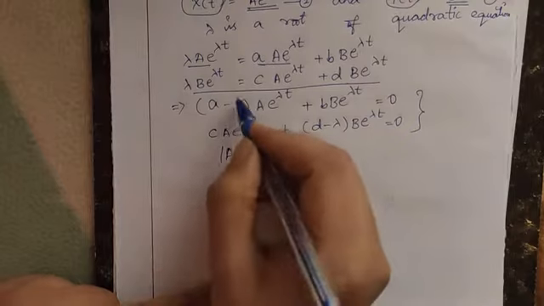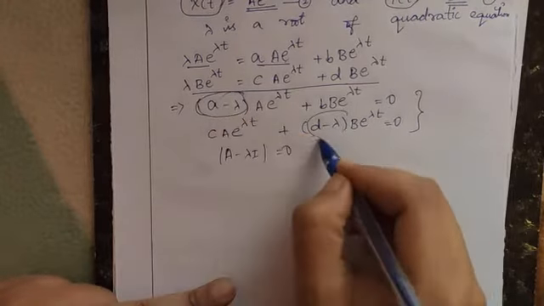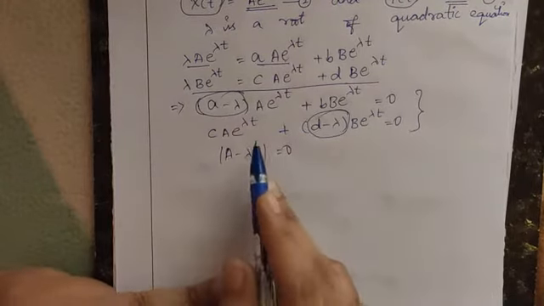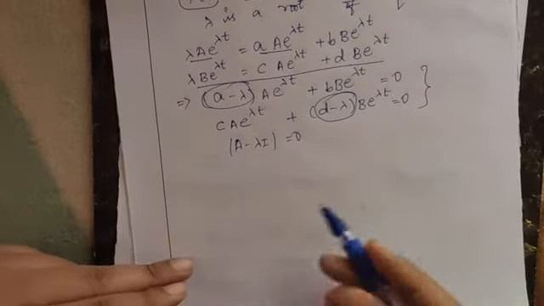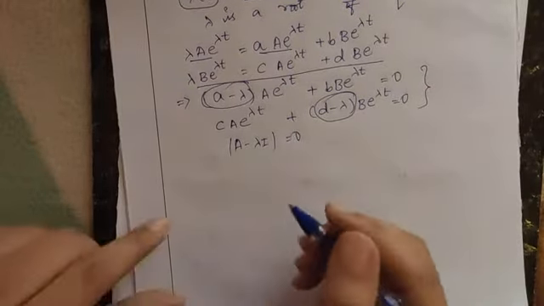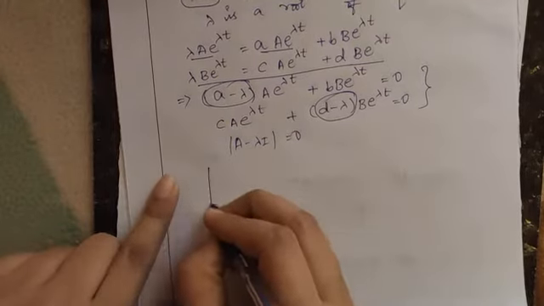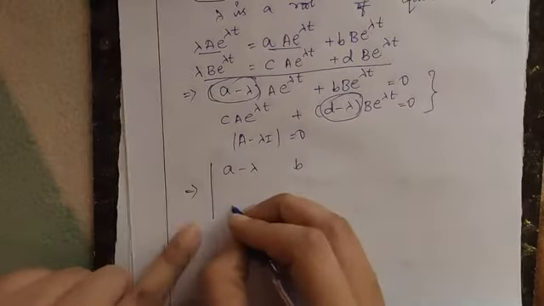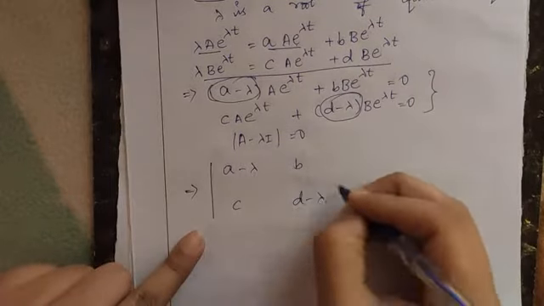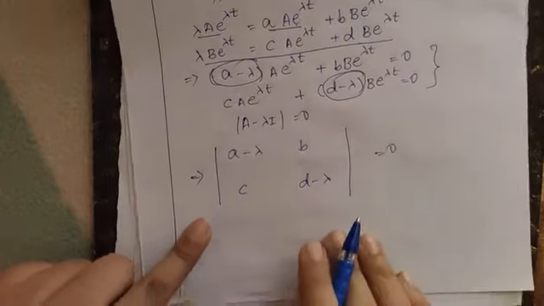right? From this, if you write this in a matrix form, you can find the values of lambda 1 and lambda 2. So this implies the determinant of a minus lambda, b, c, d minus lambda is equal to 0.